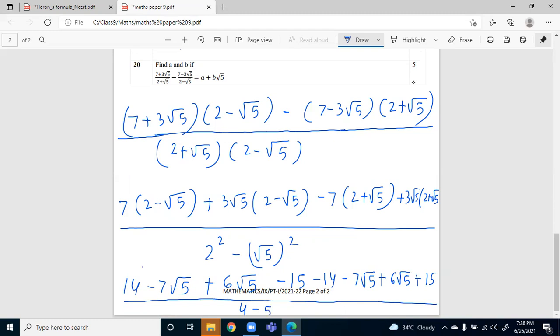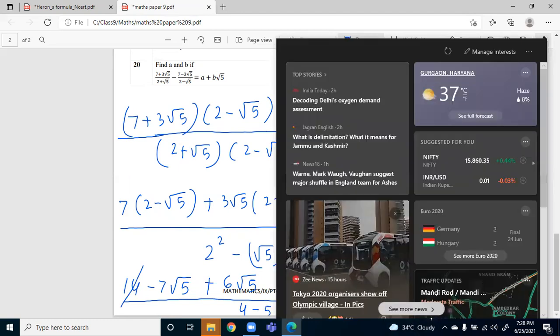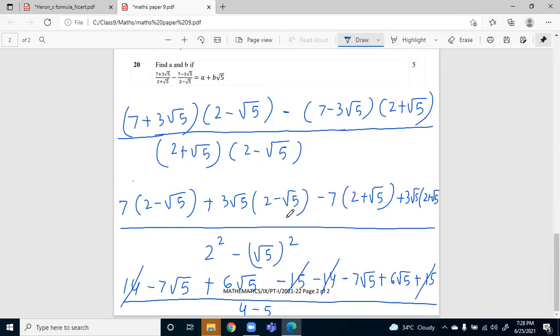So you can see 14 minus 14 will get cancelled. Minus 15 plus 15 will get cancelled. Anything else? No, I cannot cancel now. So minus 7 root 5 minus 7 root 5 makes minus 14 root 5.